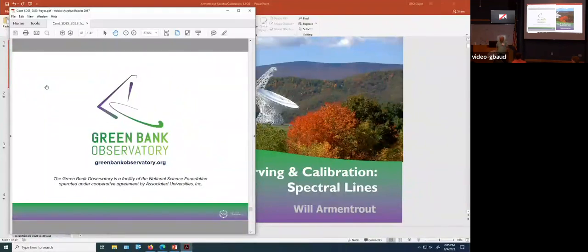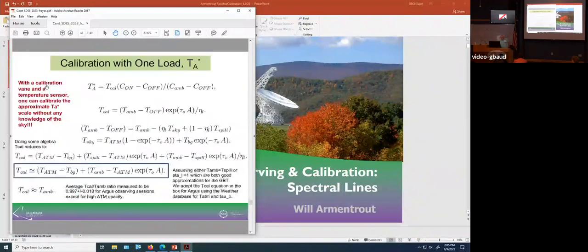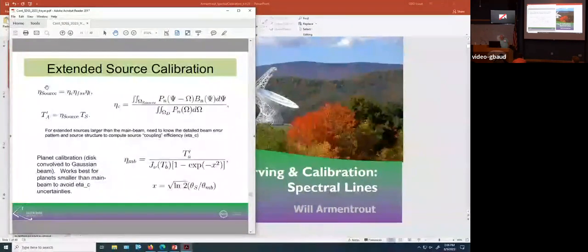But that's glossing over a lot of complications, since you can have a complicated beam pattern. For an extended source larger than the main beam, you need to know the detailed beam pattern, and we have this extra coupling efficiency for the source.